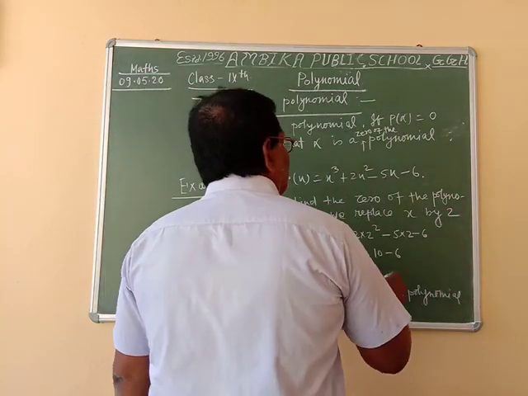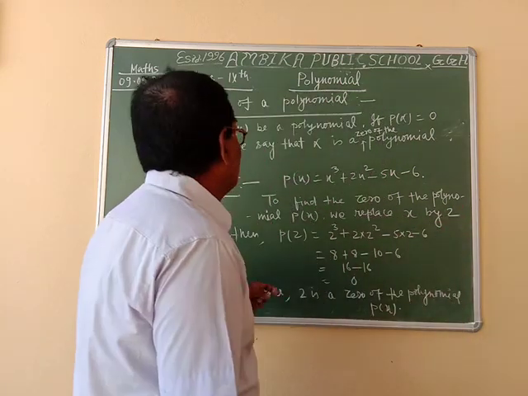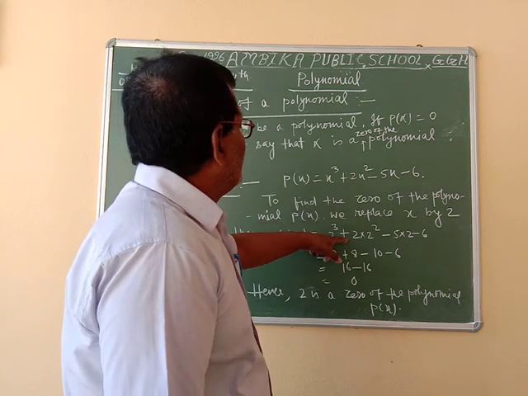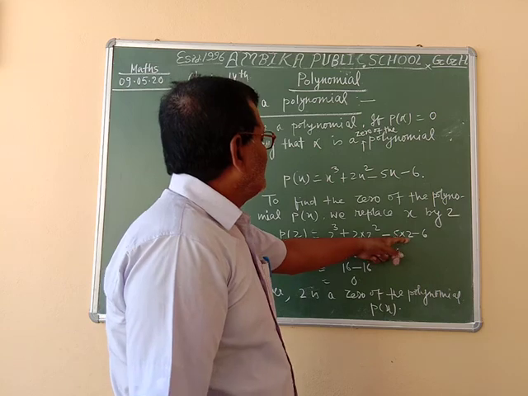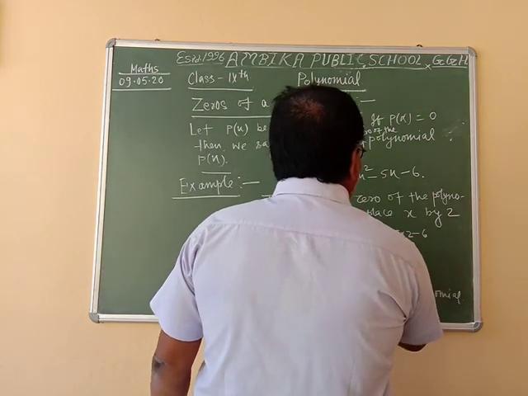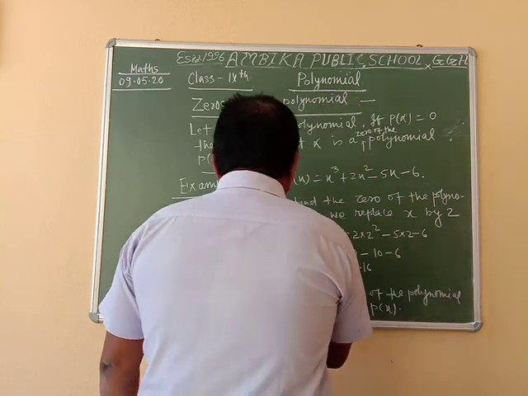If we replace x by 2, then P(2) = 2³ + 2 × 2² - 5 × 2 - 6 = 8 + 8 - 10 - 6 = 16 - 16 = 0.